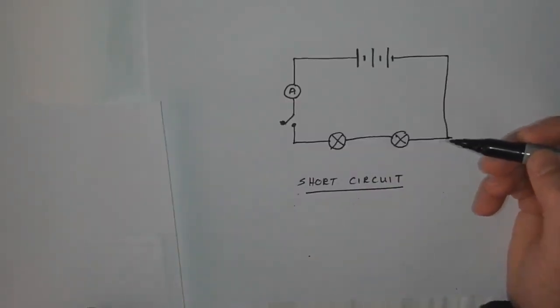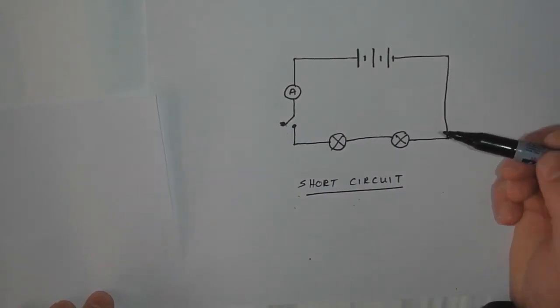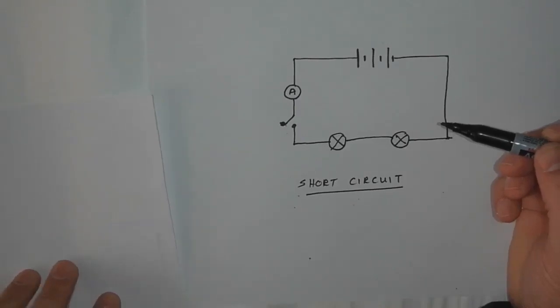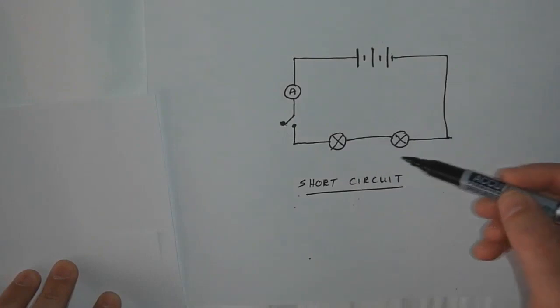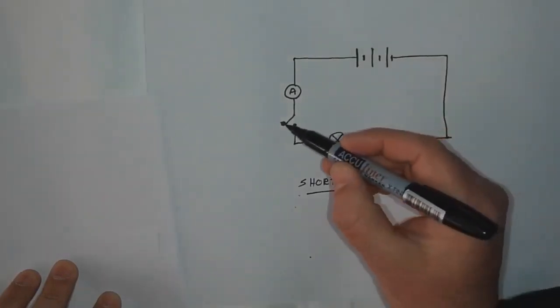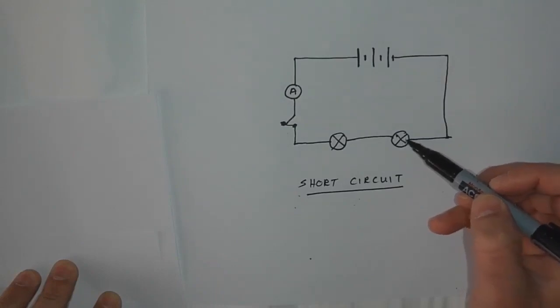Right, to explain the short circuit, I've drawn this simple series circuit diagram. It's the same diagram that represents the circuit that we just saw before this. We can see it's a series circuit. When we close the switch, these two bulbs will burn or shine.